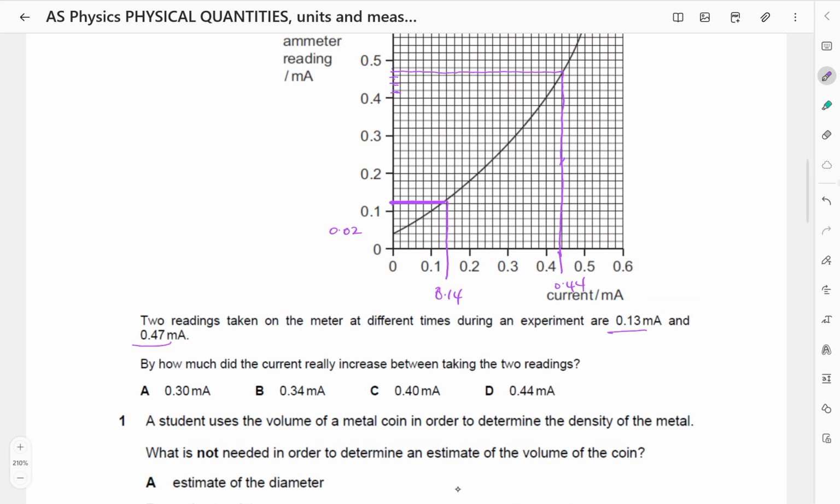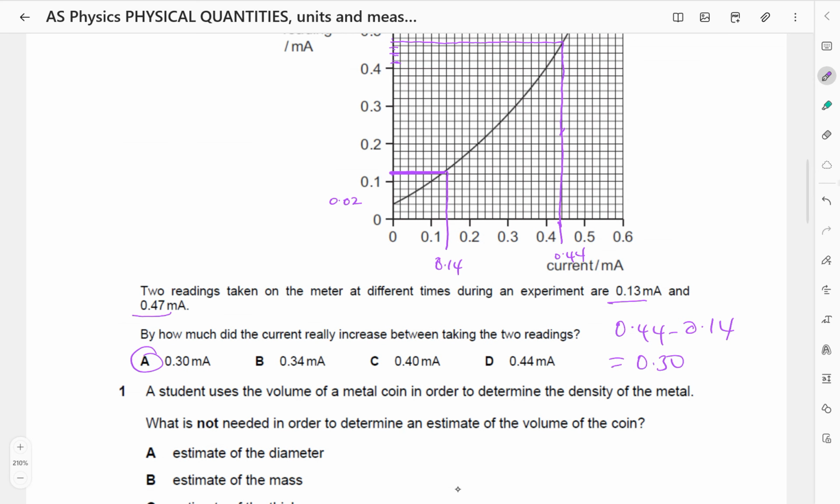So the question is, by how much did the current really increase between taking the two readings? So we shall simply get 0.44 minus 0.14, which gives us 0.30. So the answer is going to be A.